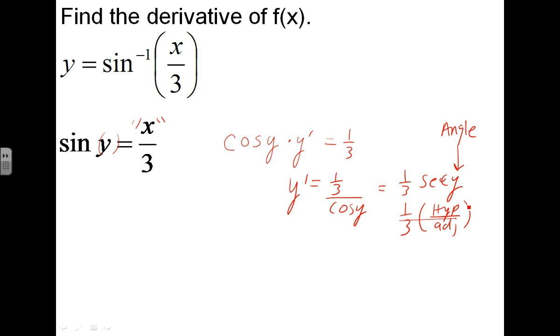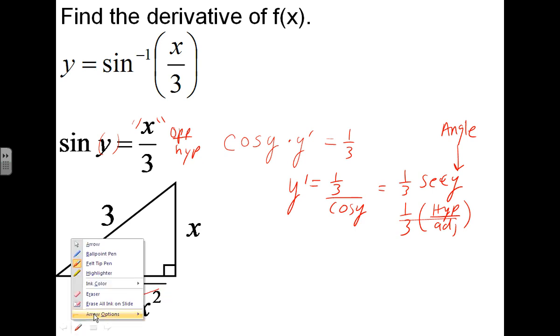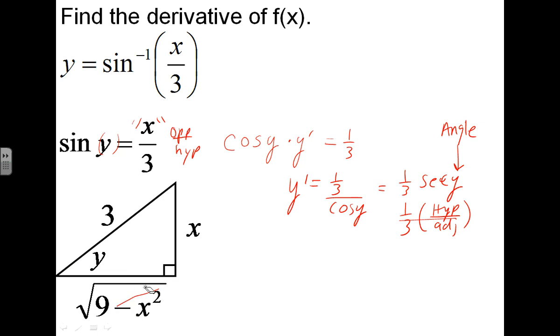Remember, sine is the opposite side over the hypotenuse. And I always draw my picture in the first quadrant. So the opposite side would be x, and the hypotenuse would be 3. And we already had problems like this in the last chapter where we would find the missing side.